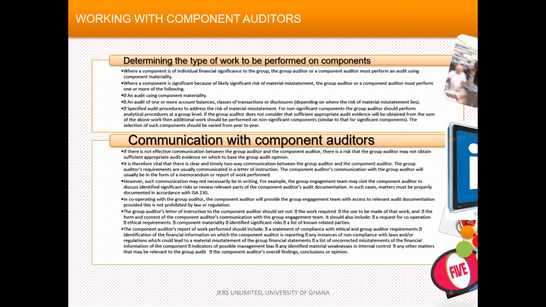Basically, what it's saying is that the group auditor considers what are the best audit procedures. And so if the group auditor feels like analytical procedures does not necessarily capture the essence of the audit work at a group level, then additional work or additional procedures must be applied.